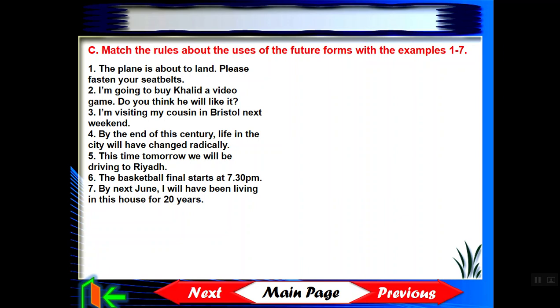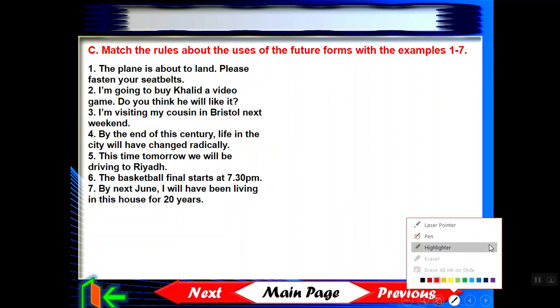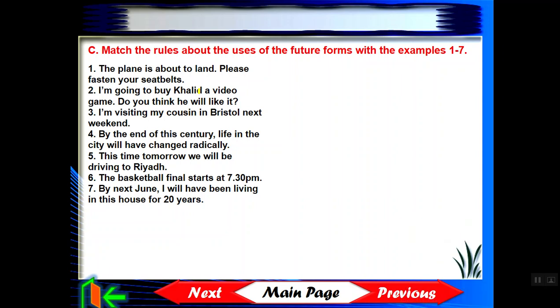If you look at the sentences, you find the verb. You should focus on the verb. Number 1 is about to land. Number 2, I am going to buy. So here are the verbs you are going to focus on. Again, is about to land.